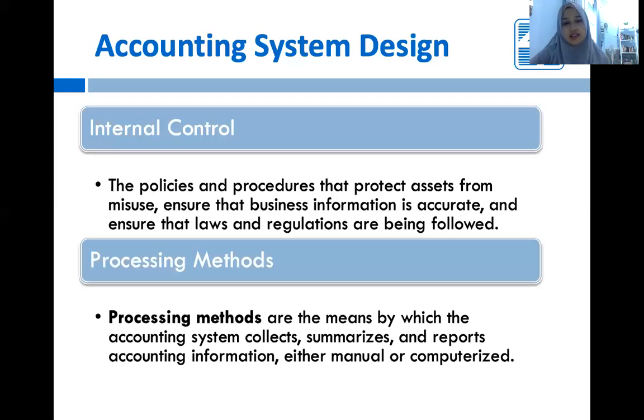Okay, another element of accounting system design is the processing method. Processing method is which approach is taken to the accounting system, whether it is manual or computerized, to collect, summarize, and report the accounting information.